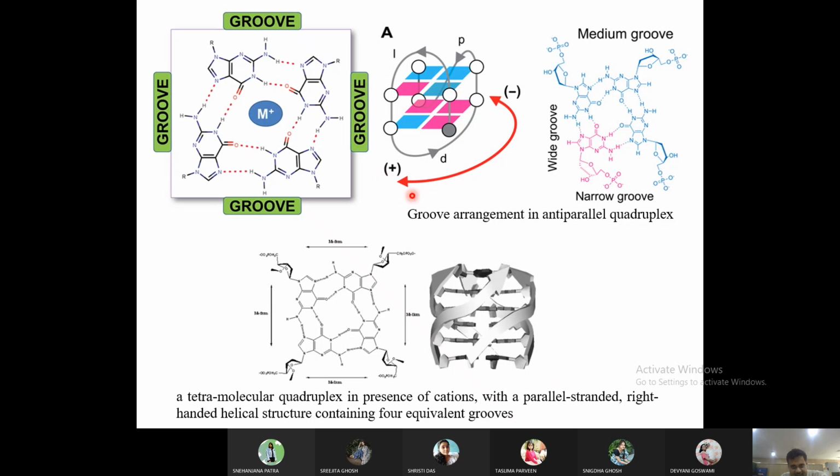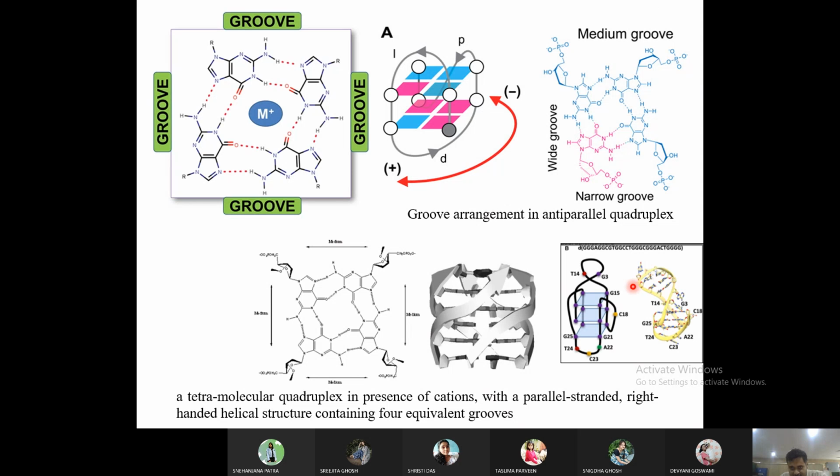In antiparallel quadruplex, we have different types of groove: a wide groove, a medium groove, and a narrow groove. So there are a total of three types of grooves that can be seen in quadruplex DNA with anti-parallel strands.